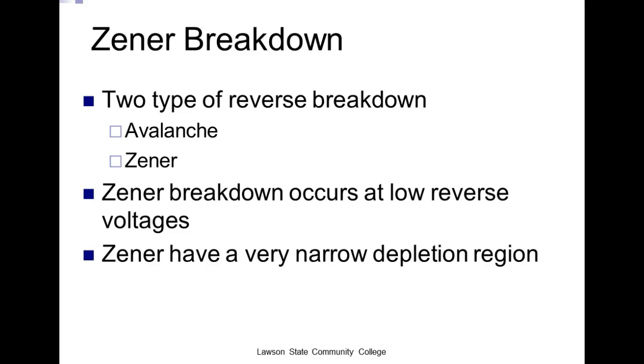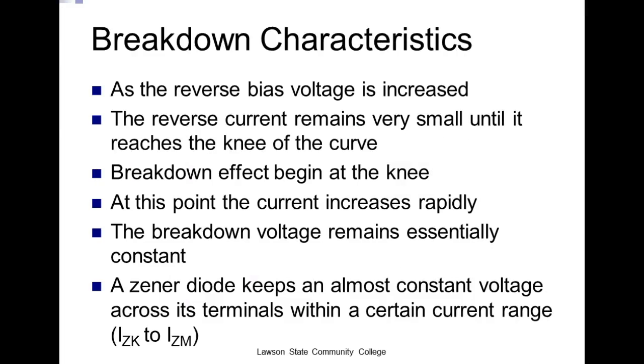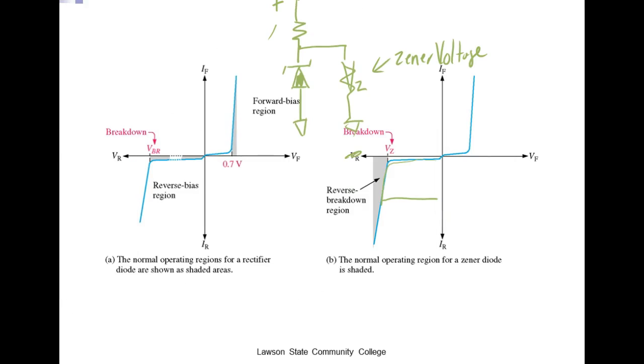Zeners have a very narrow depletion region. As the reverse bias voltage increases, the reverse current remains very small until it reaches what we call the knee of the curve. This is called the knee. Why? It looks like a knee.